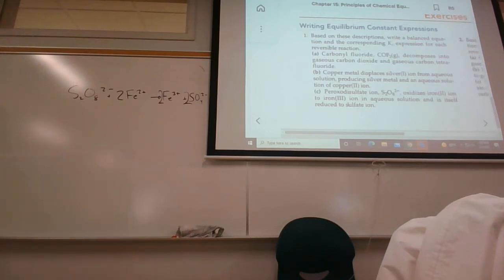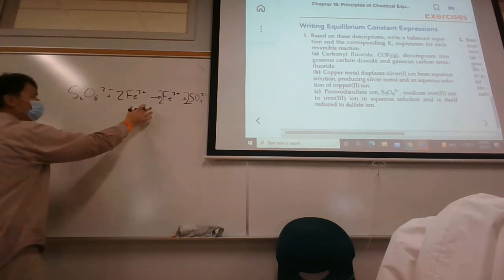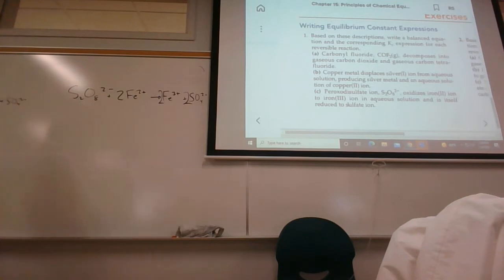skeleton redox. So we go S2O8 2 minus goes to SO4 2 minus, and we want to figure out what's happening with that. That's called a half reaction. And then we have one more half reaction: Fe2 plus goes to Fe3 plus. So if you write that over here, Fe2 plus goes to Fe3 plus.